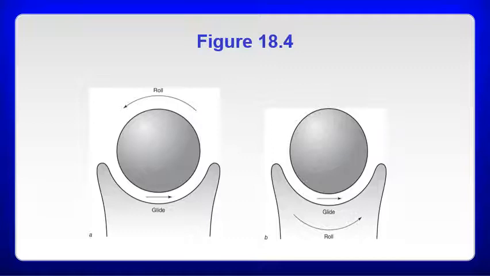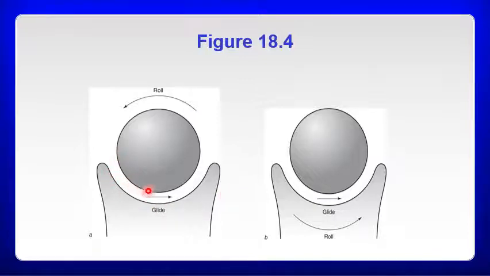So if you look here, in this case, if this surface is stationary, and this surface is moving, okay? The roll and glide are going to go in basically the opposite direction. Let's say this is anterior over here, this is posterior over here, okay? We're having a posterior roll and it's gliding anteriorly, okay?